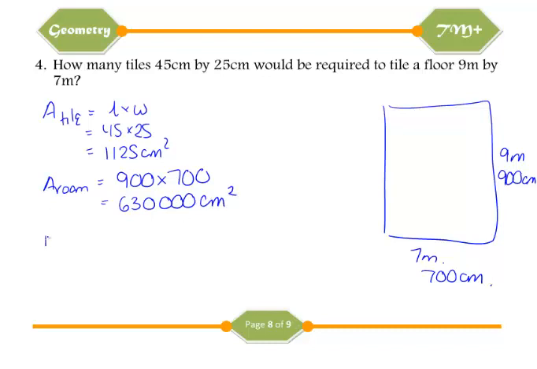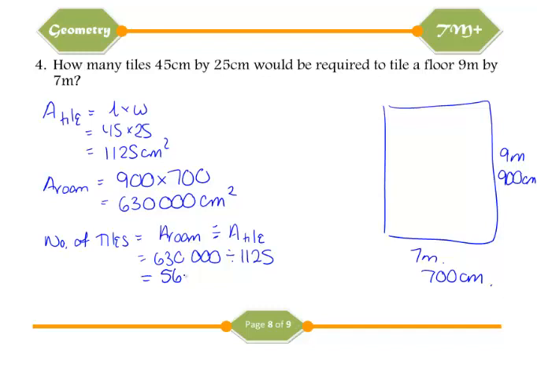So your number of tiles is going to be the area of the room divided by the area of a tile. 630,000 divided by 1,125, which is 560 tiles.